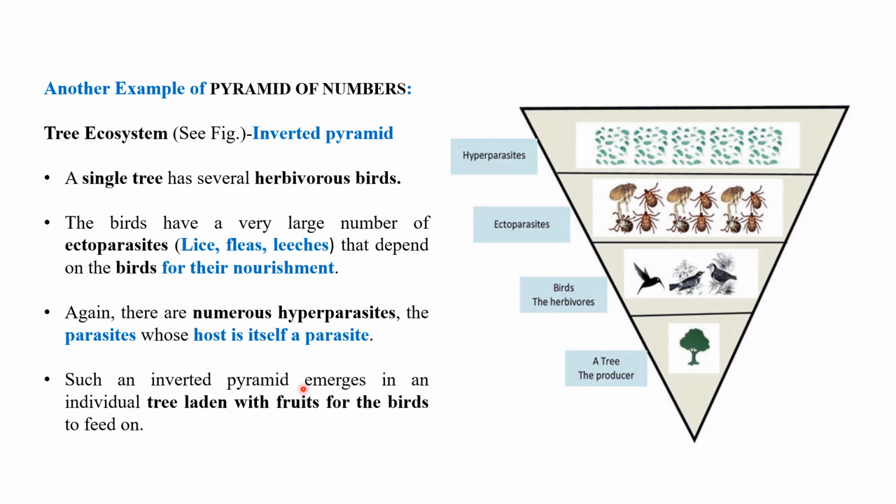Such an inverted pyramid emerges in an individual tree laden with fruits for the birds to feed on. A single tree, and the numbers go on increasing upward: the birds, ectoparasites, hyperparasites. So that's why it becomes an inverted pyramid, the tree ecosystem.